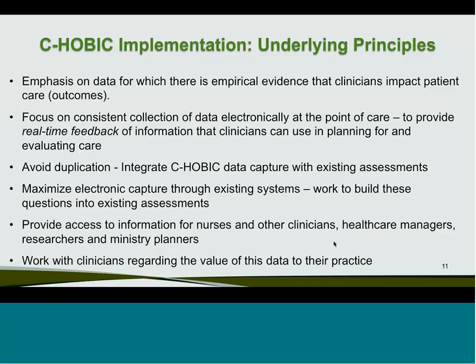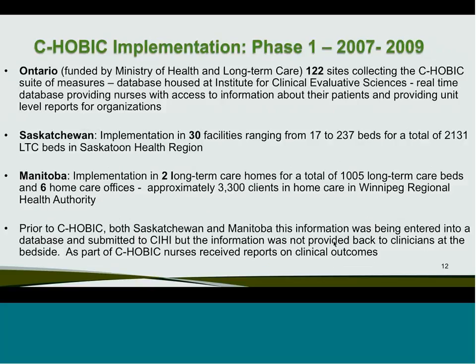So phase one began in 2007, and actually we started writing the proposal in 2005. It took us 2 years to get through the Infoway hurdles and bureaucracy, and we had a 2-year cycle of funding. In Ontario, it was funded by the Ministry of Health and Long-Term Care, and in that phase, 122 sites were collecting the C-HOBIC suite of measures.